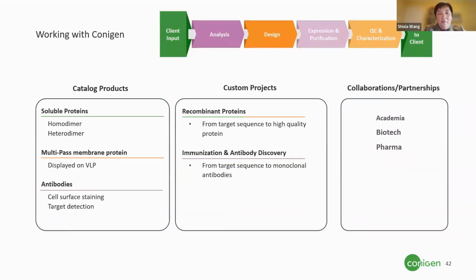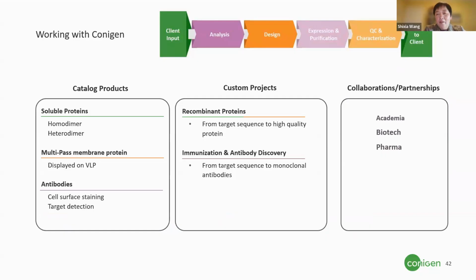We have a catalog of products ready for the community, and we can also have custom projects to work with you to develop conformational proteins or immunization or antibody discovery against a specific target.